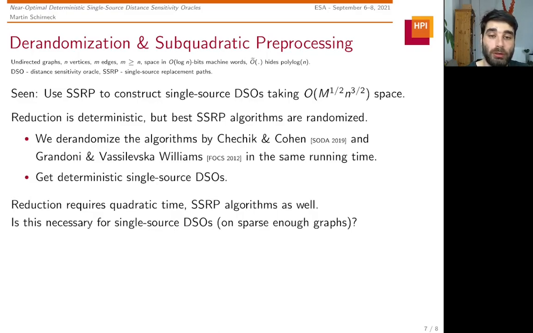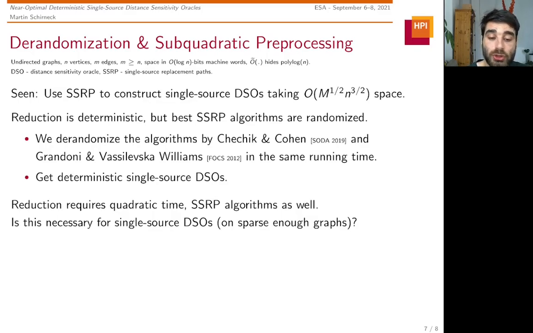It is known on very dense graphs that there are conditional lower bounds ruling out subquadratic time. Namely, you run into conflicts with the Boolean matrix multiplication conjecture. But on very sparse graphs, it could be that you can do better than quadratic.